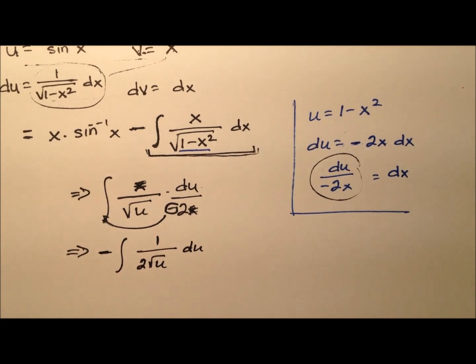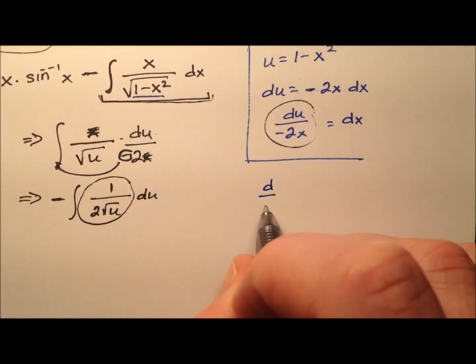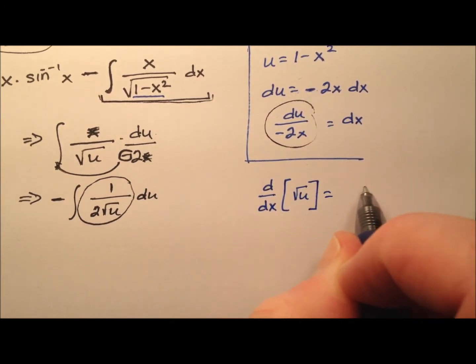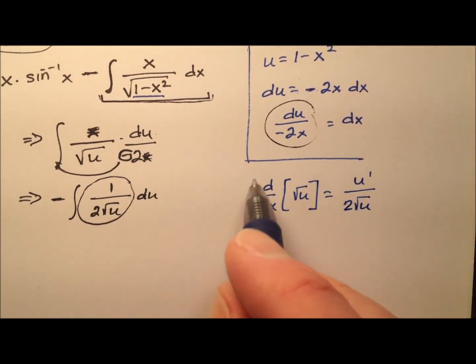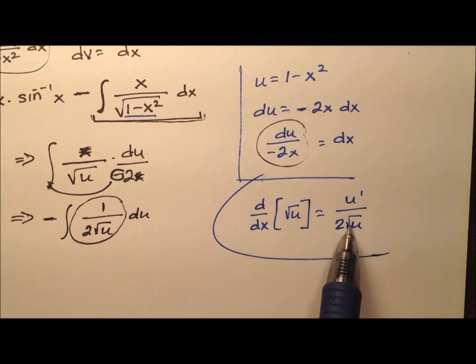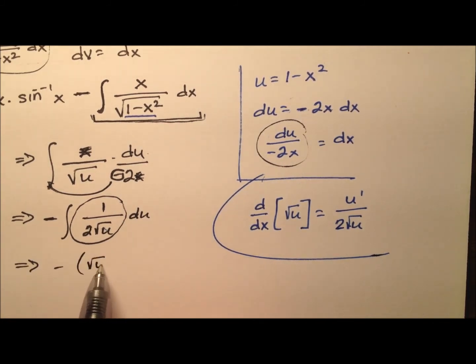Well, okay, this is not so bad. This is actually a fairly straightforward integral, because let me show you something. There's a nice rule that we have. So the derivative of the square root of u equals, well, u prime over twice the square root of u. Okay, so that means that I can relate this back to this, and I know that the integral is actually just going to be the opposite of the square root of u.